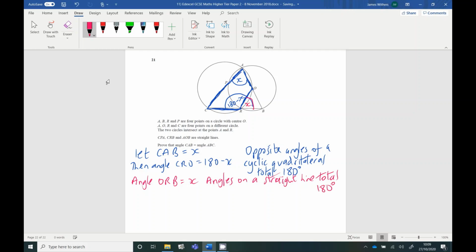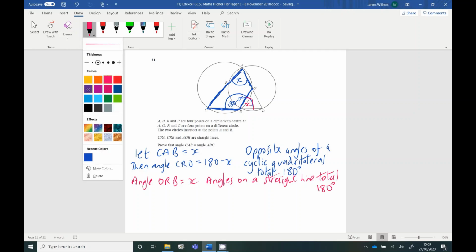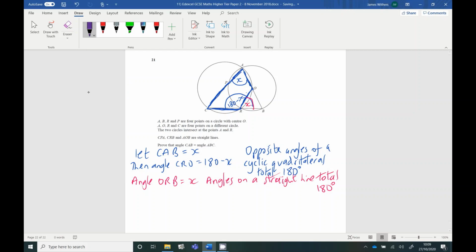Now if we just focus on this triangle ORB, OR and OB are both radii of the right-hand side circle, so they are of the same length, so therefore the two base angles must be equal, so that angle must be x as well.